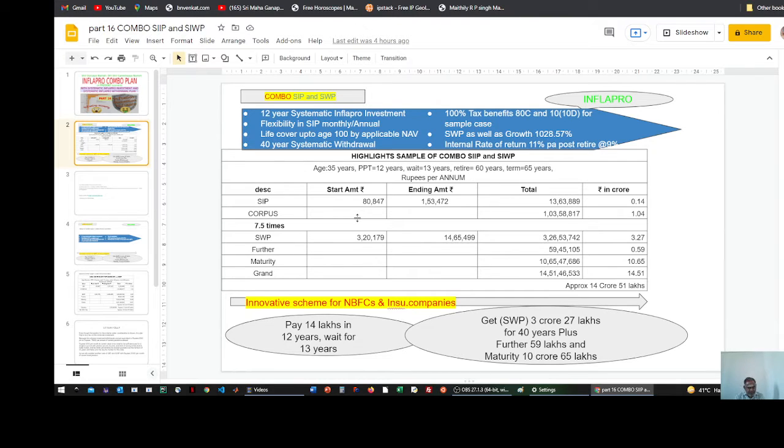There is a folly in the system. I mentioned 100% tax benefit, and under the present scenario, the tax exemption must be possible for this internal rate of return of 11% as well as the post-retirement rate of 9%. Therefore, I take you to another menu, another new scheme with applicable tax.